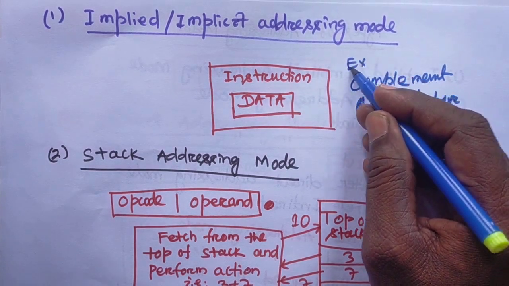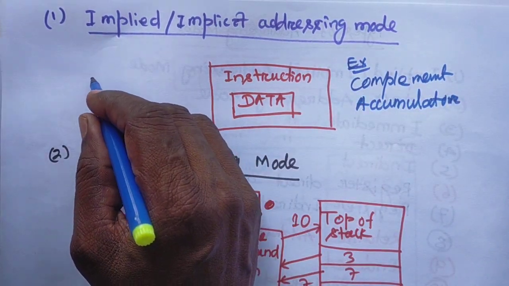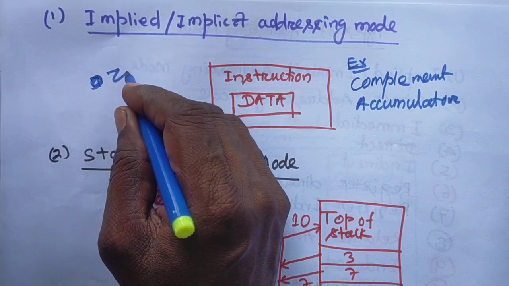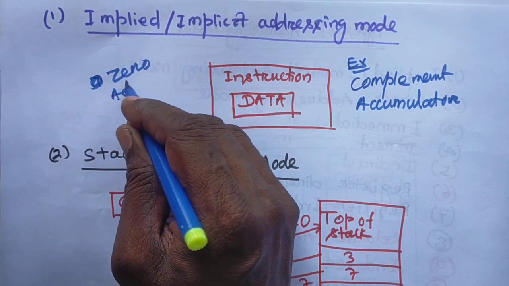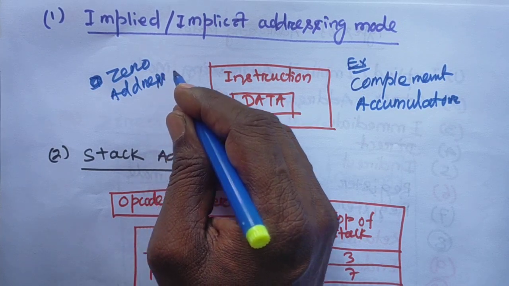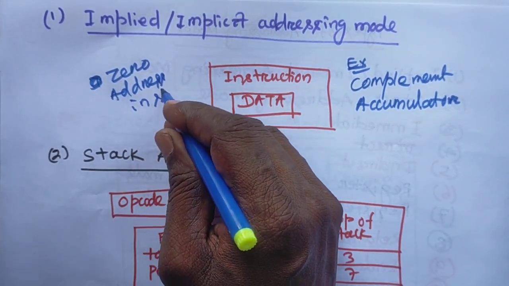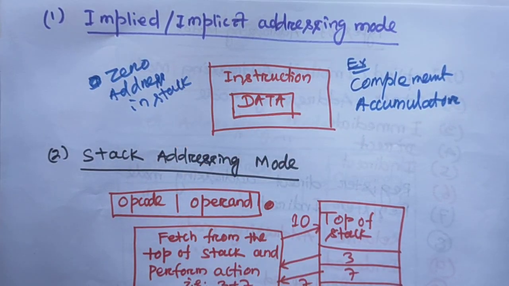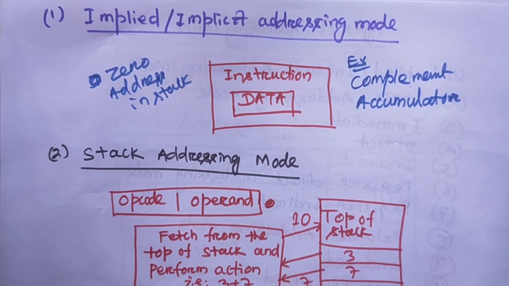Another example you can write is zero address. Zero address we can normally use in a stack. We have already discussed how zero address data is used in a stack, in one lecture.